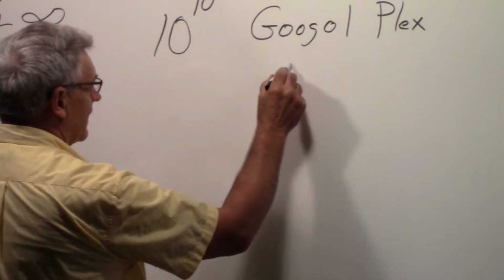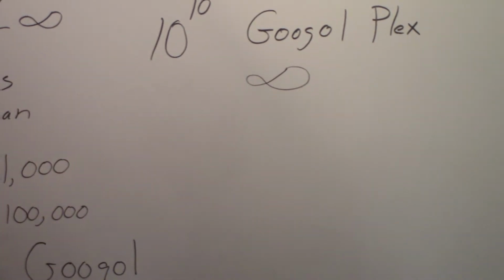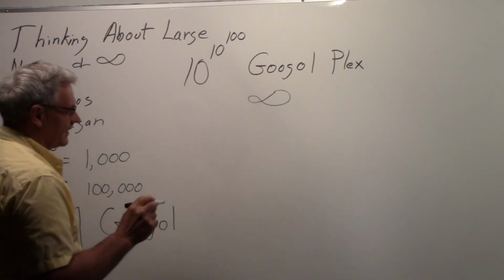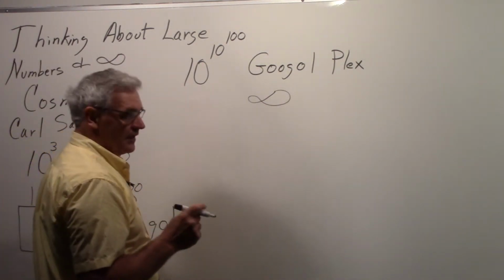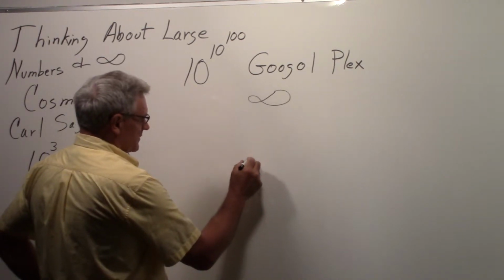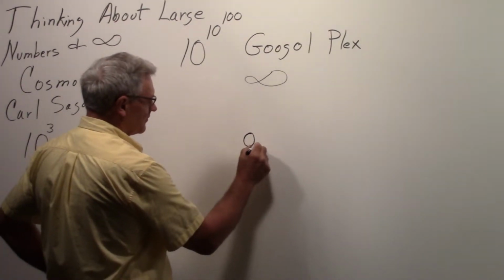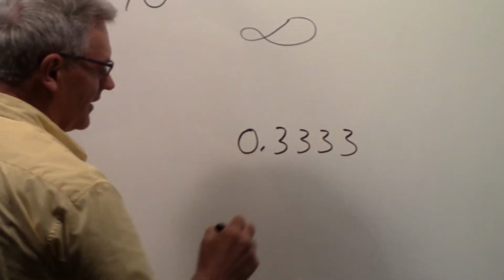Now we want to think about infinity. We've talked about it already, but now I want to try to give you an interesting example of how to think about the number infinity. So let's suppose we wrote down 0.3333.